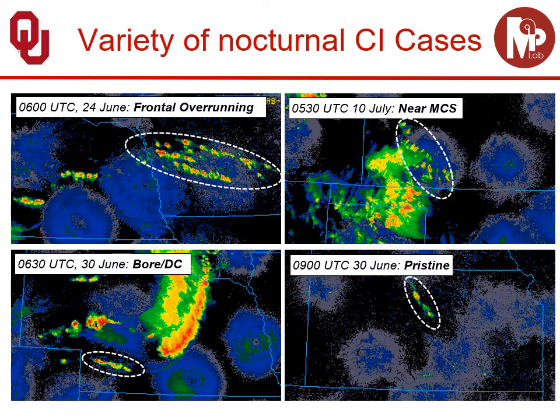So apart from the outflow boundary category, most of these types of nocturnal CI events are driven by elevated mechanisms, meaning without frequent profiling observations, we cannot easily see such events. Additionally, these types of events are so dynamically different that evaluating the assimilation impacts for a single case is likely insufficient.